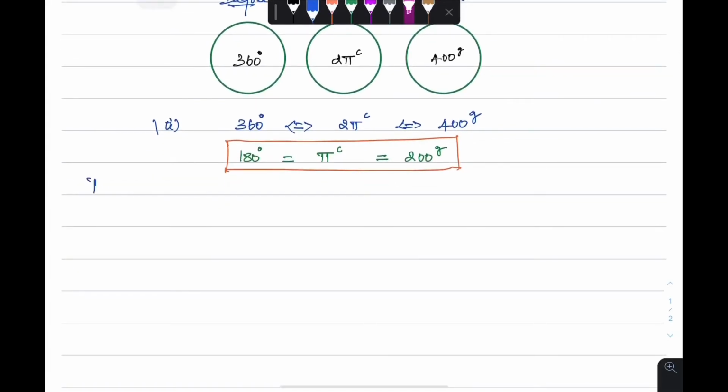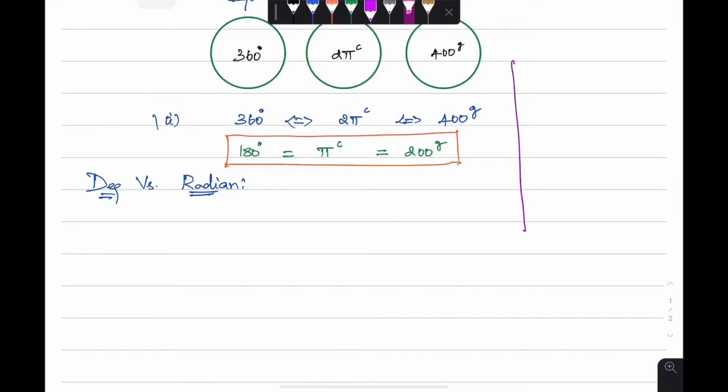Now, here, degree versus radian, we'll talk about the conversion process. Quickly, I would like to highlight a point: degree is basically a hexadecimal system.